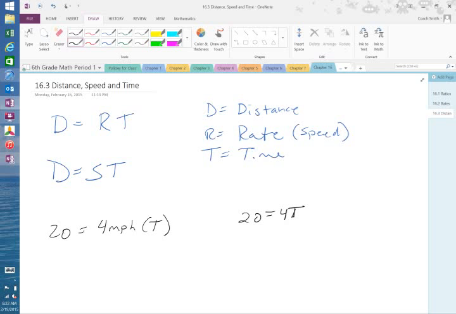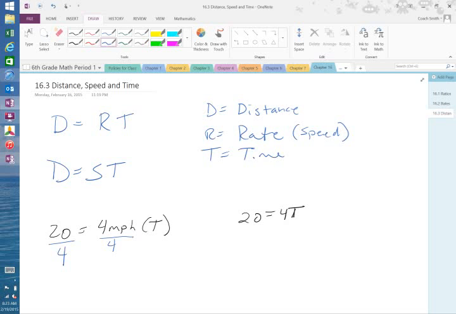Multiply speed times time. Yes, that's how we would come up with a 20, but since we're missing time, how do I solve for time? How do I come up with time? What do you think, Brandon? By what? There you go. That's what you got. You're going to divide each side of the equation by speed.